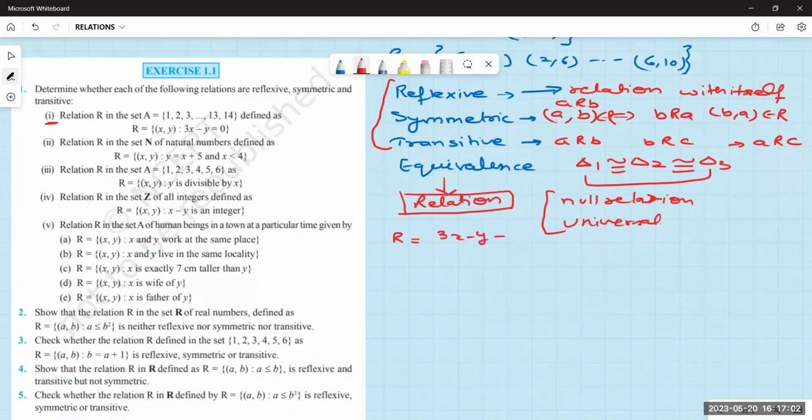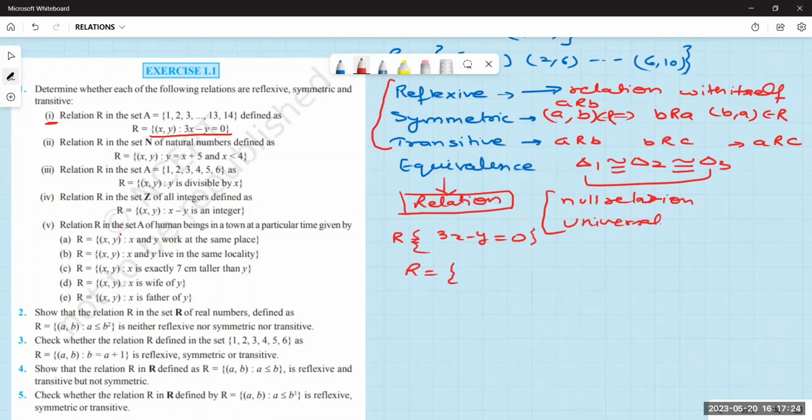3x minus y is equal to 0. How will you read this? R is a relation of xy such that 3x minus y is equal to 0. We will read this expression like this. So what will I say? What is R?